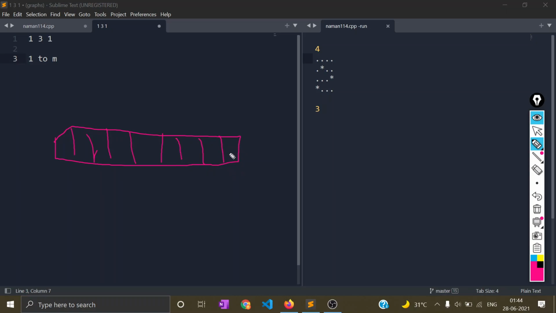Suppose we are at some x position, and we know that we can have 1 to m possibilities. These are the only possibilities we can have. The brute force approach of solving this problem would be to generate all the possible arrays, then check if the array is valid or not, and increment our count if it is valid.